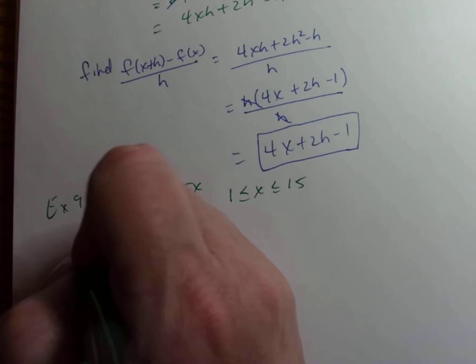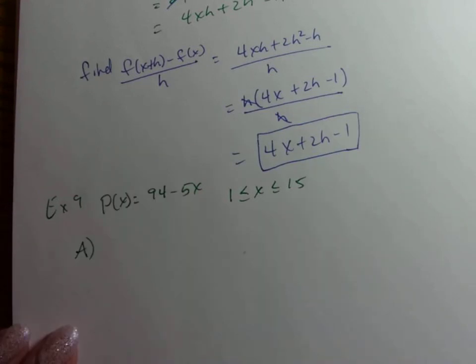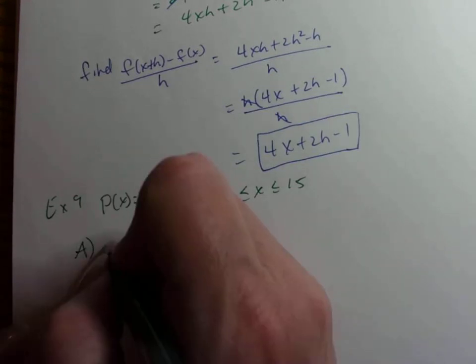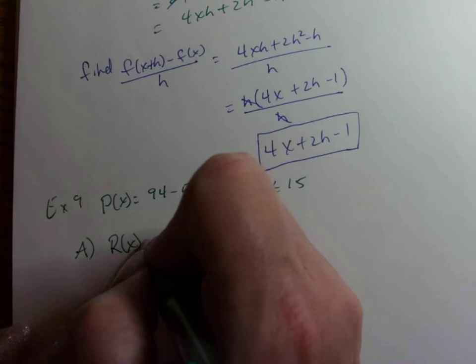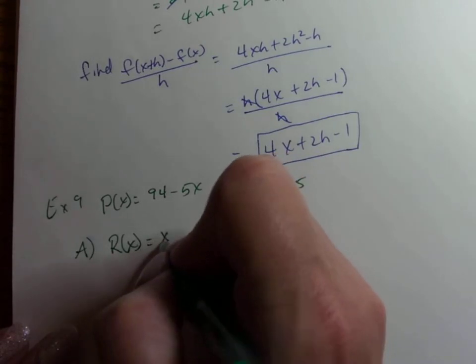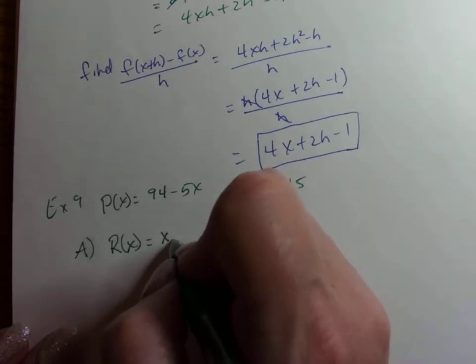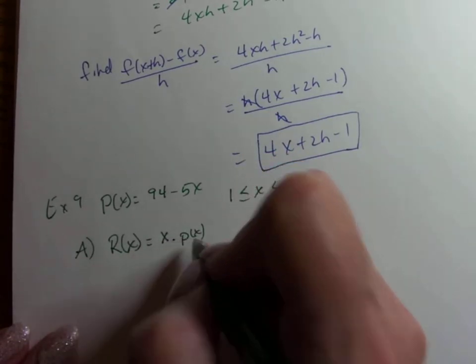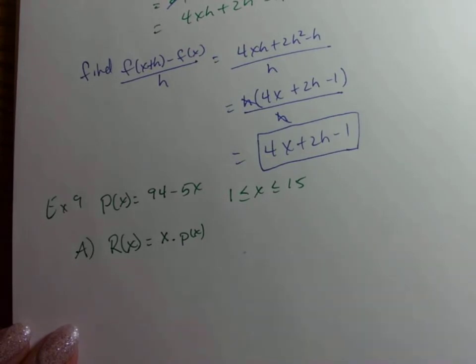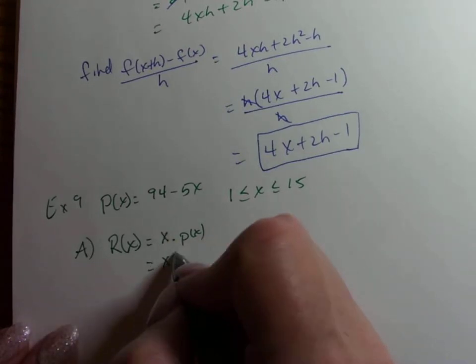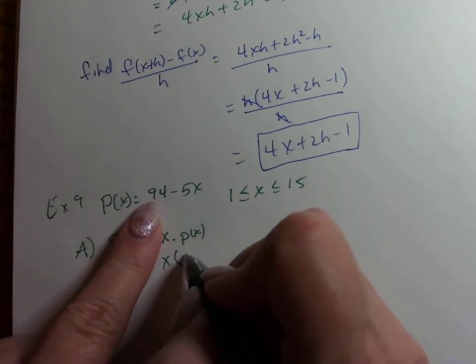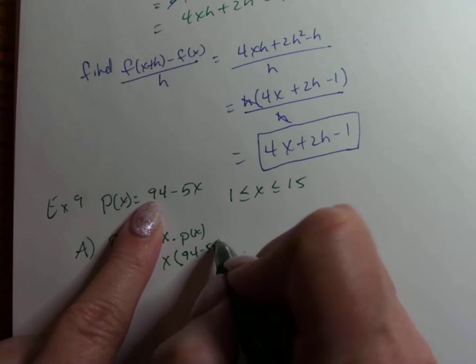So for part A, we are writing a revenue function, and we have to find the domain. So remember that the revenue function is equal to however many we sell times your p of x, the price. So this is going to be x times our function up here, 94 minus 5x.